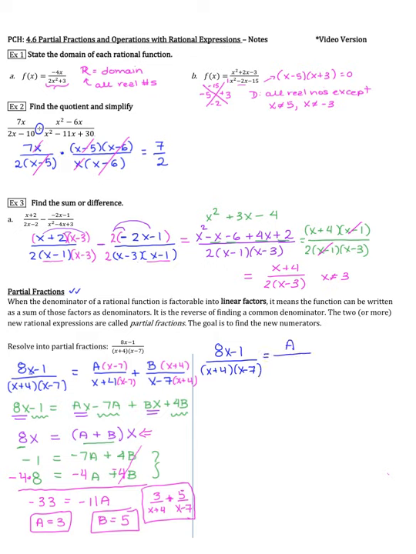So the first thing you do is just start off the same way we did. So this would be x plus 4, and we want to solve for a and b. All right, so instead of going through the whole common denominator thing, you look at this and you see, okay, what would make this denominator 0?